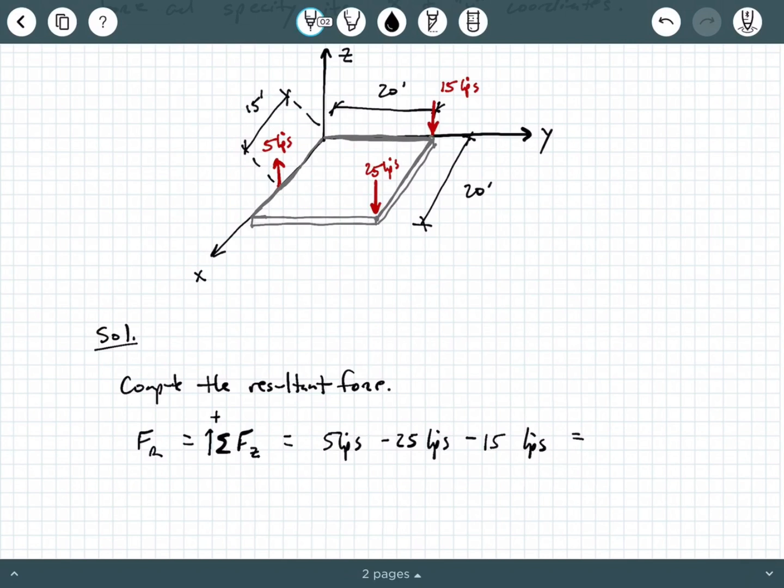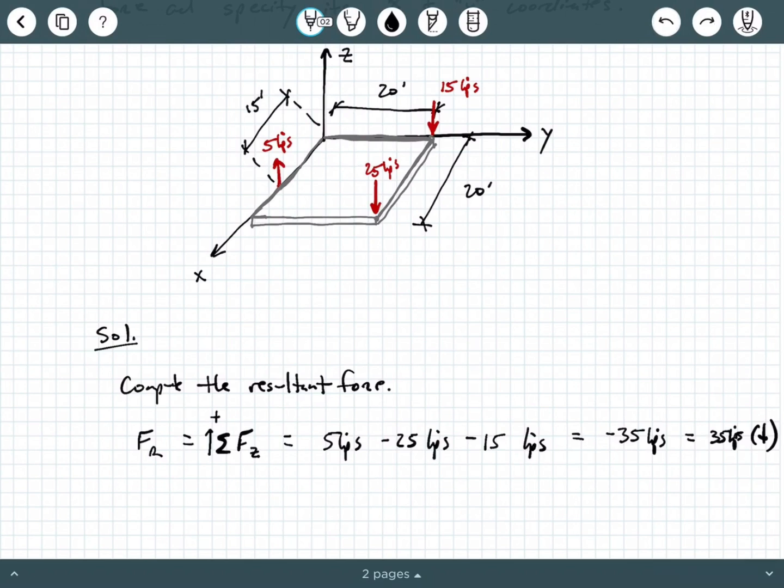Hopefully we can do that in our heads and see that it's 35, but just in case we can't, let's double check that in our calculators. Oh, surprise, 35. So it's negative 35 kips, which the negative indicates that it is pointing down in the z direction. So this thing is acting downward somewhere over here.